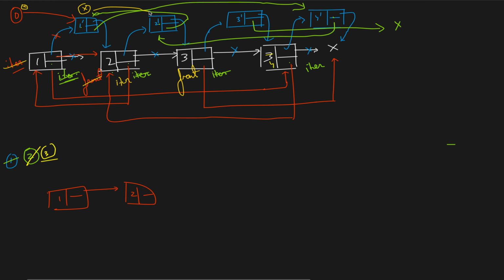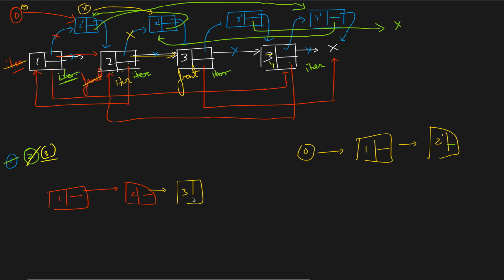So see, actually at the top, you're creating a dummy node, and its next is pointing to this deep copy node, and again you're creating this guy 2 dash. So we have created that. After that, you can again break this link and make sure this link is established. So we have got this original linked list back in order now.